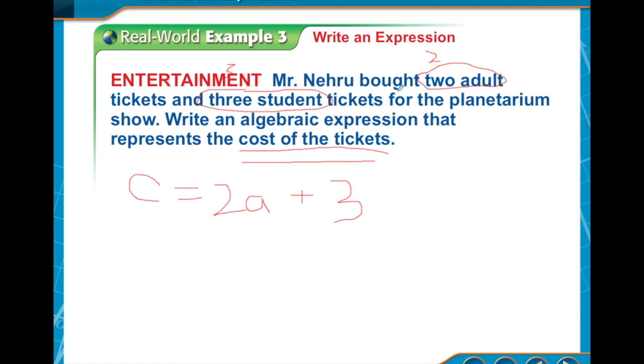A student ticket is different from an adult ticket. It's probably cheaper. So let's go ahead and represent this student ticket by the letter S, just to make it easy. And now we have an expression. We know the total cost is equal to 2 times the price of an adult ticket plus 3 times the price of a student ticket. And that's our final algebraic equation. Pretty simple.